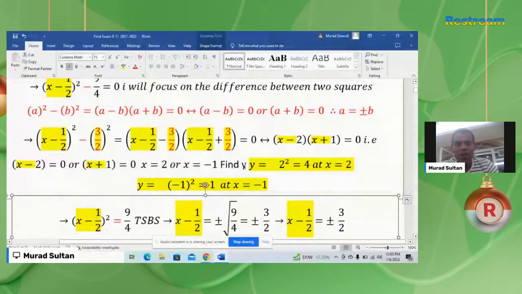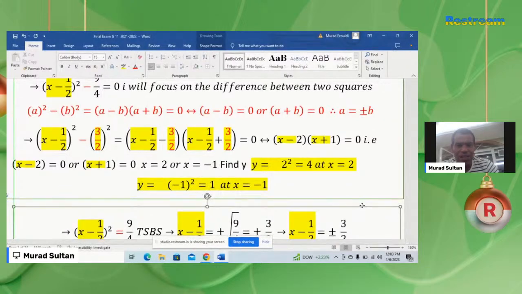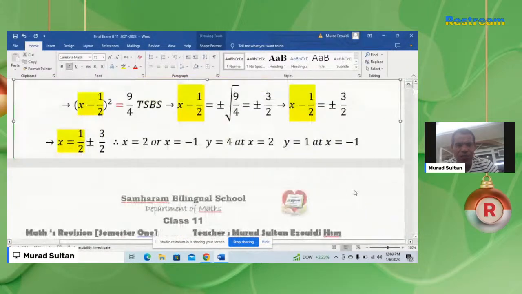Now try to find y. Just substitute x with 2, you will get 4, and substitute x with minus 1, you will get y equal to (minus 1) squared, which is 1. Therefore, the solution set is minus 1 and 1, and 2 and 4.